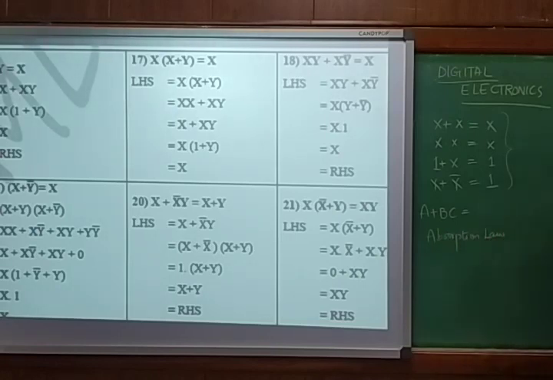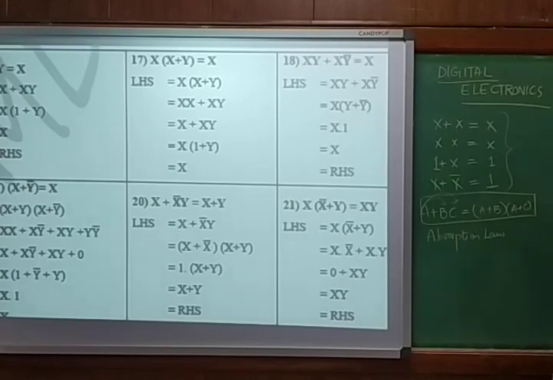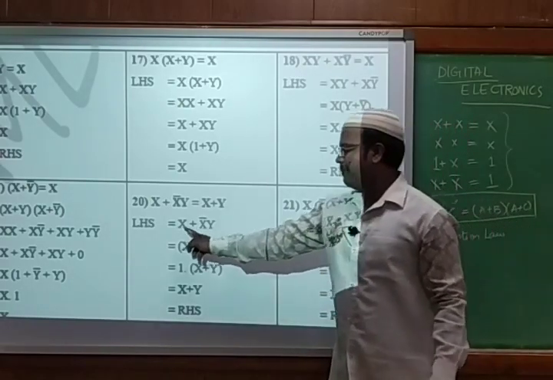So what is the absorption law? A plus term you want to write into a product term, that is, an OR term you want to write into an AND term. What we'll do? We'll add a plus b, again we add a plus c. This way we wrote it. So that's the point we are applying here. So a plus bc.